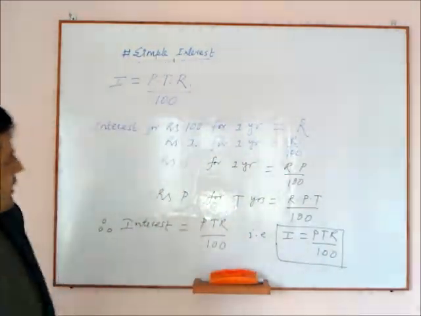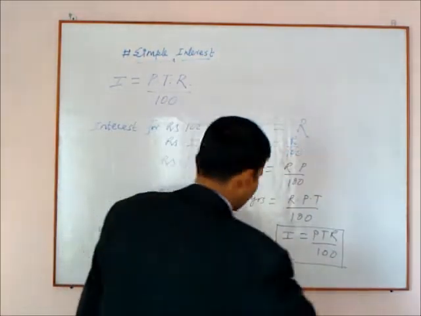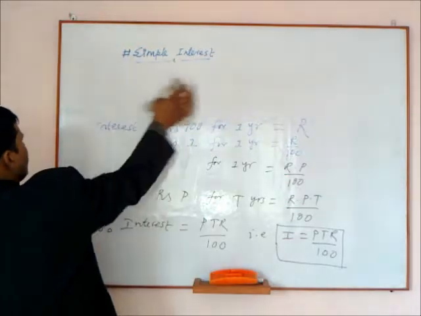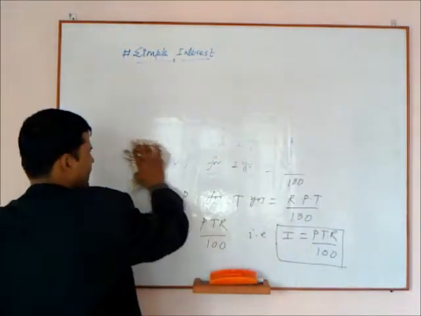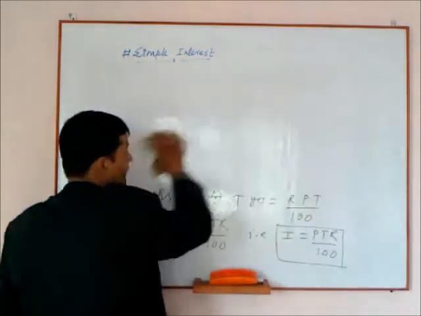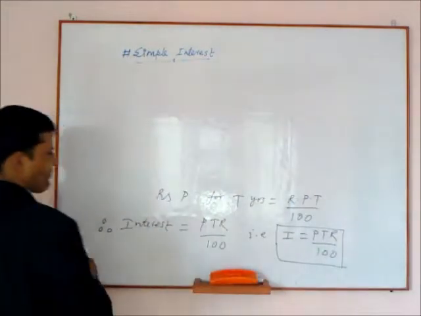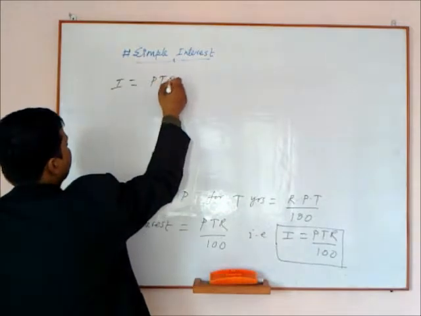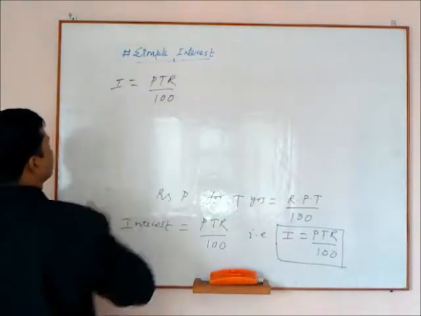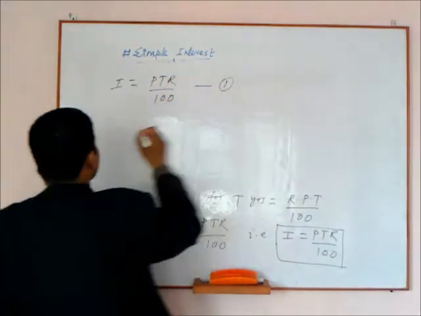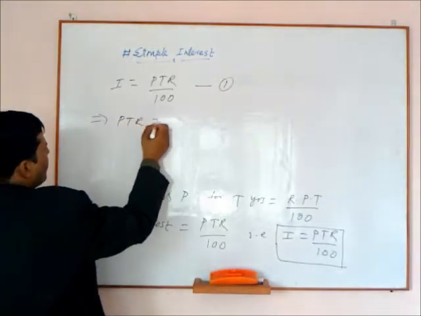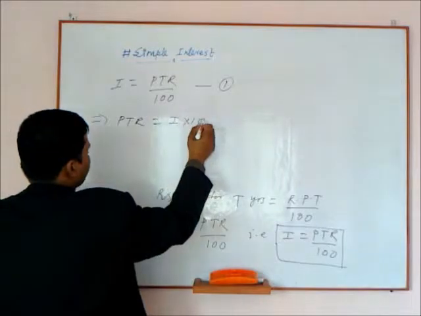Based on this formula, we can derive others. Let's have a look at how we can get other formulae based on this main formula. So I equals PTR divided by 100. This is formula number 1. If we cross multiply, we get PTR equals I times 100.